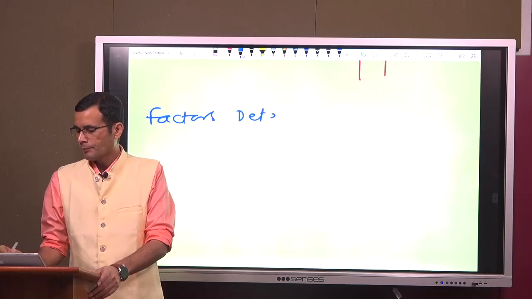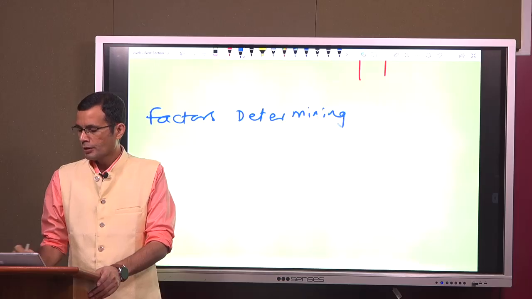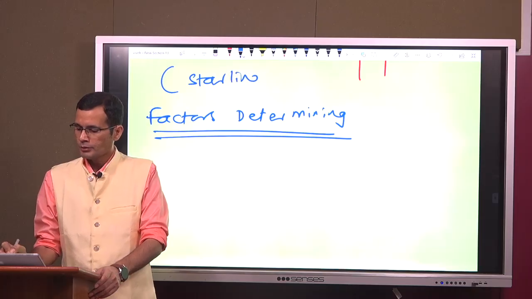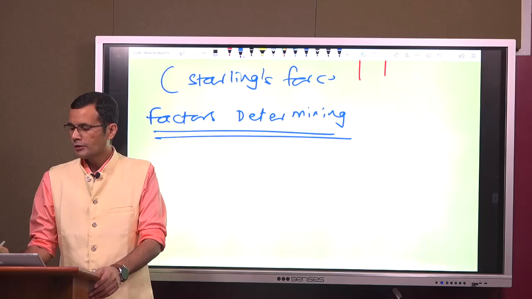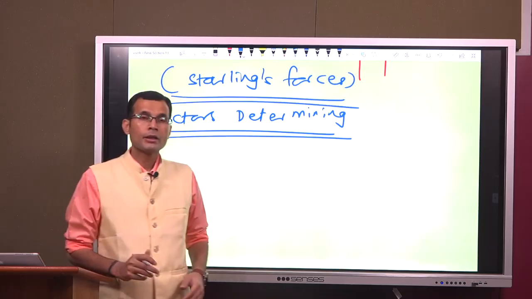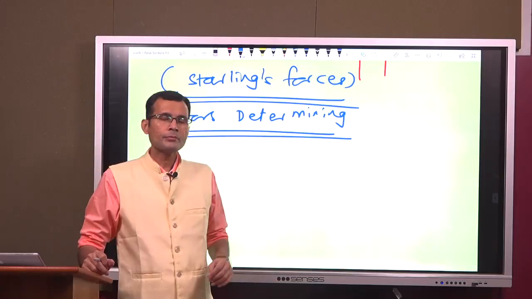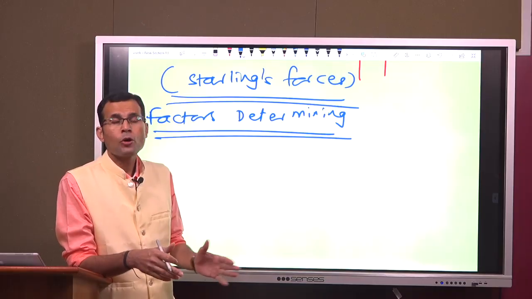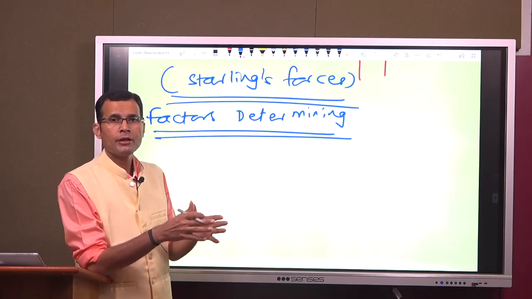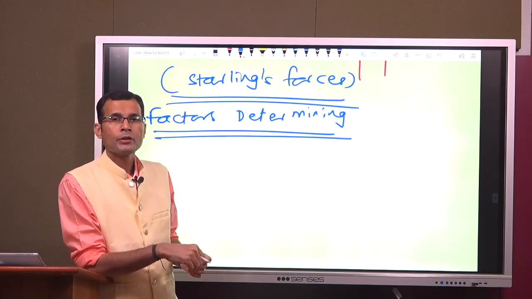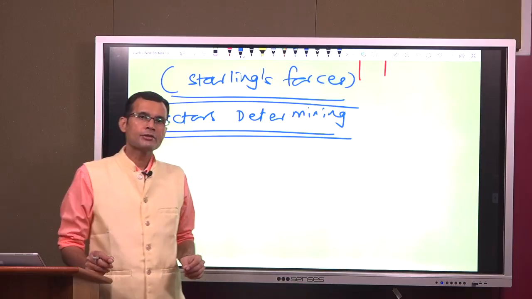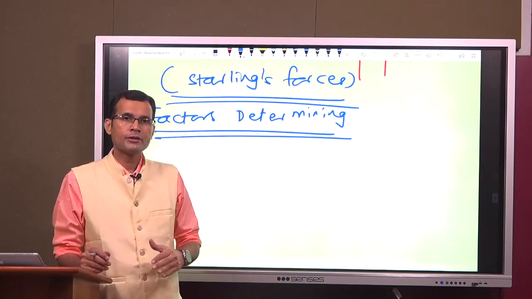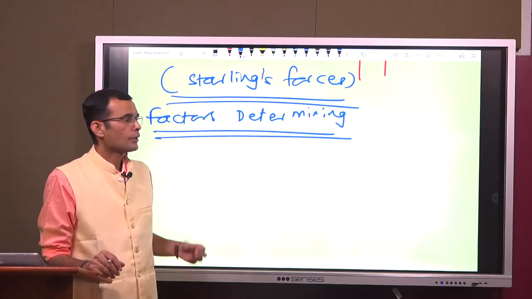Factors determining. We are talking about the Starling's forces, essentially the Starling's equilibrium or the Starling's forces involved in the filtration process. I want to just recall from the previous chapter, or you may just refer to the chapter where we have discussed these forces, that basically there are two pressures which are involved in the filtration of substances in and around the capillaries.